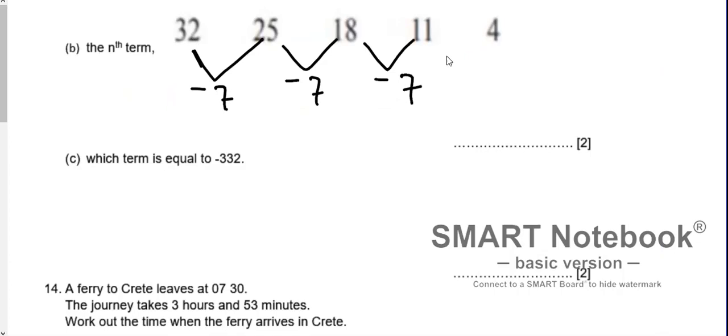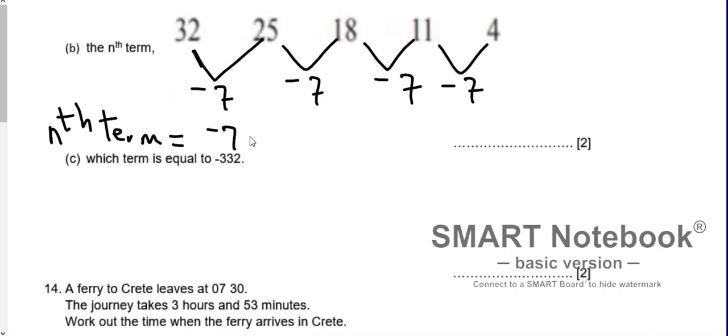The term to term rule over here is subtract 7, subtract 7, subtract 7, subtract 7. So the nth term will be equal to the term to term rule, which is -7, multiplied by the letter, which is n. Then add the difference. How do we calculate the difference?